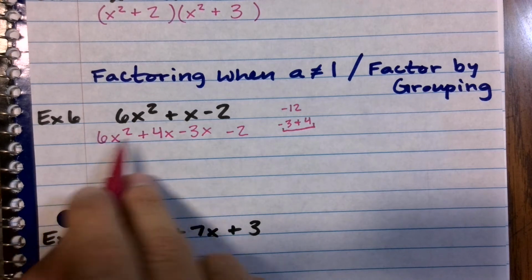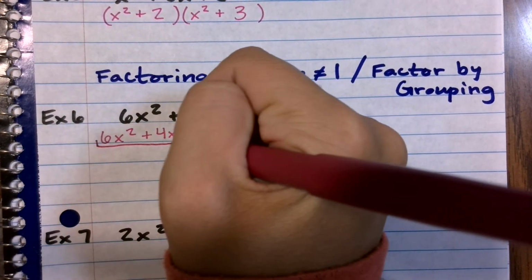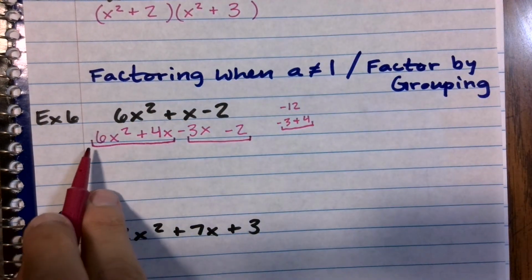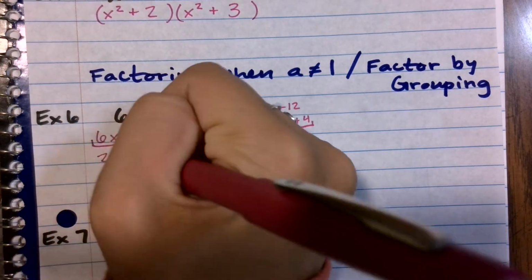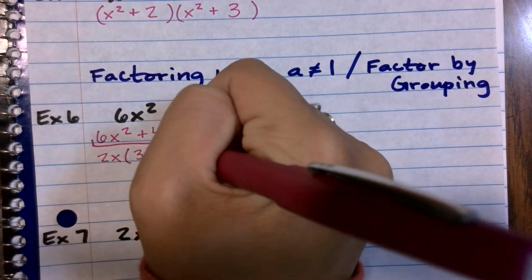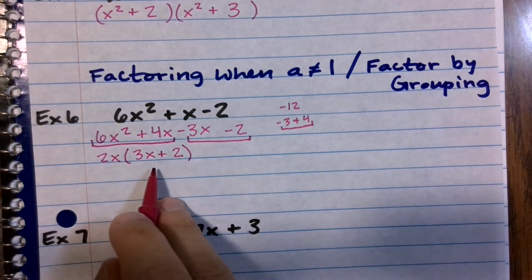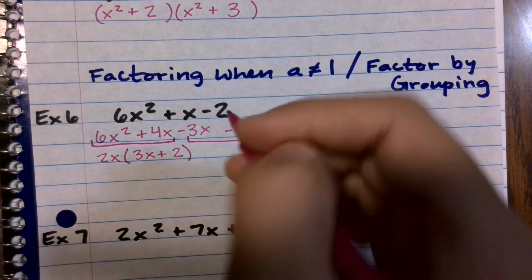We're factoring out what the first two terms have in common, and we'll factor out what the second two terms have in common. So our first two terms, we have a 2 and an x in common. We got 3x plus 2. And then we always want, whatever we factor out from the other two terms, what's in parentheses to be the same.